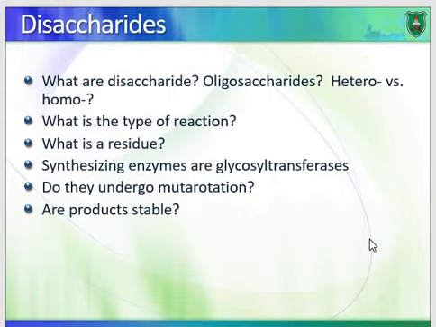If they are of different sugars, they're considered as heterodisaccharides. The reaction that happens between them that we discussed earlier is an interaction between the first sugar through the anomeric carbon and the second sugar through another carbon that has an alcohol group on it.